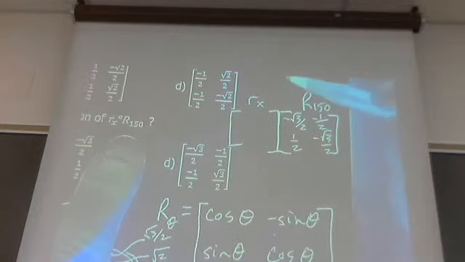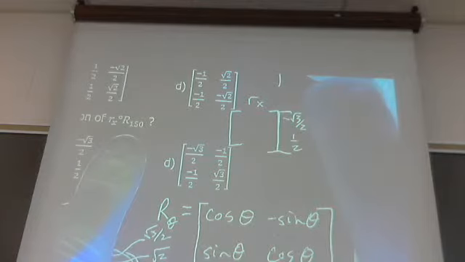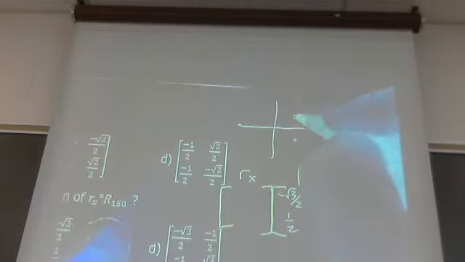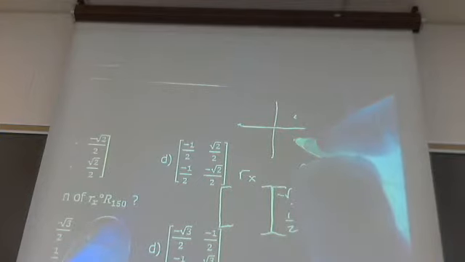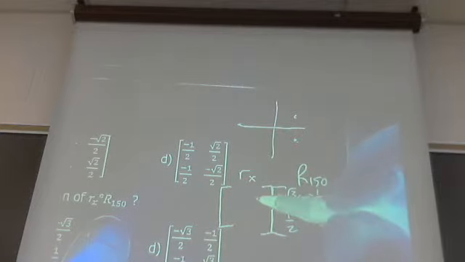Okay, so when you reflect something across the x-axis, what's changing? The y value. Remember, all your reflection matrices are based on what matrix? The good old identity matrix, the 1, 0, 0, 1.